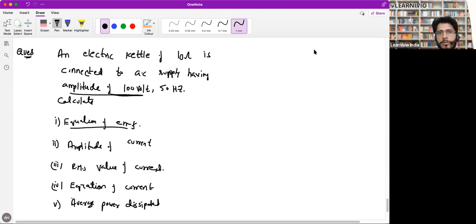Sania, this is the RMS value of EMF. I'm asking you to write the equation. Which part is this? The answer that you are writing is first, second, third, fourth.